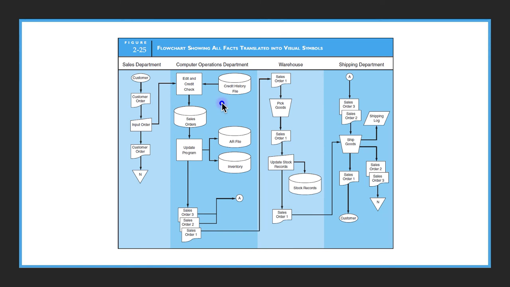Dito, we are depicting the sales function. So, from the sales department, the customer, this is the starting point. They receive the customer order and they input the order to the computer operations department. So we are using here an information system, right? And then we have here computer operations wherein we edit and do a credit check.